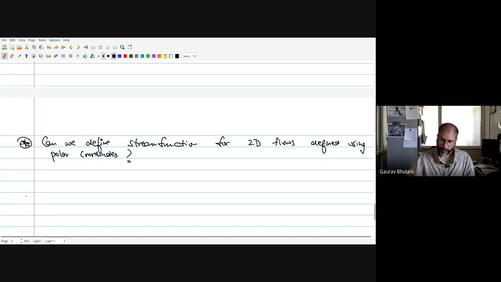So remember, in polar coordinates, the velocity is given as u r and u theta components in two dimensions.